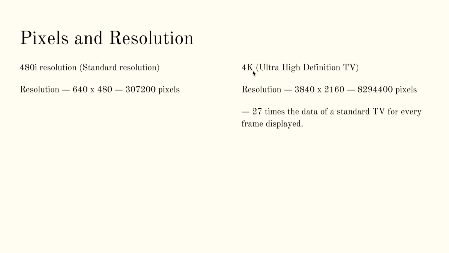We go to the newest standard at the moment, which is 4K, which is a resolution of 3,840 pixels by 2,160, which is 8,294,400 pixels. So that equates to 27 times the data of a standard TV for every frame displayed. So that's just an indication of how much data these TVs are processing every time you turn them on.